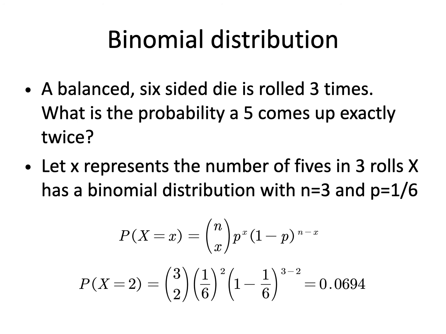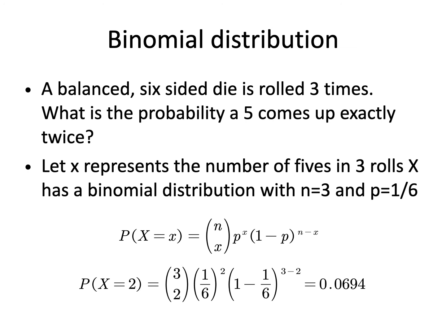The probability that the random variable X takes on the value 2 is equal to 3 choose 2, since we have 3 trials and 2 successes, times p, which is 1/6, the probability of success, raised to the number of successes, which is 2, multiplied by the probability of failure, which is 1 minus 1/6, raised to the number of failures, which is 3 minus 2.